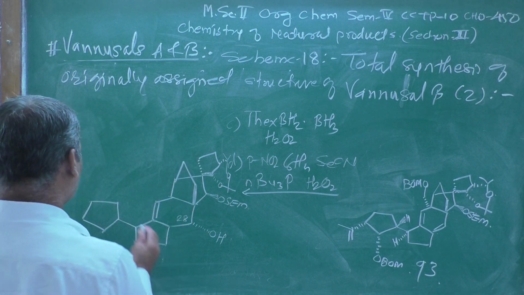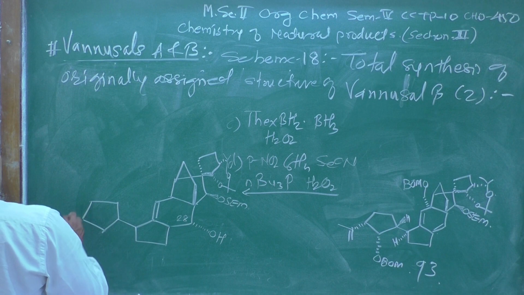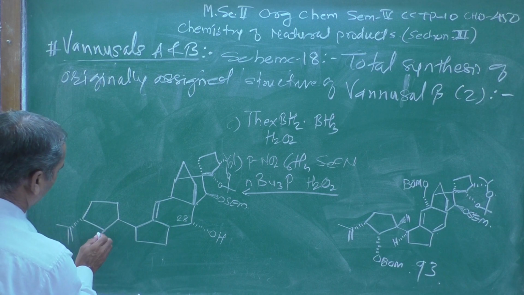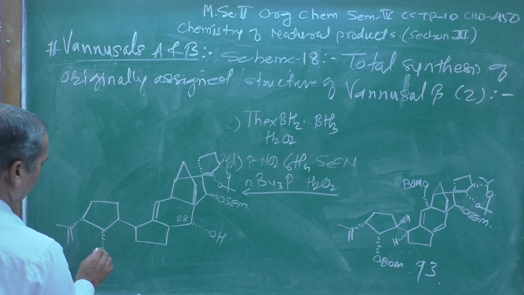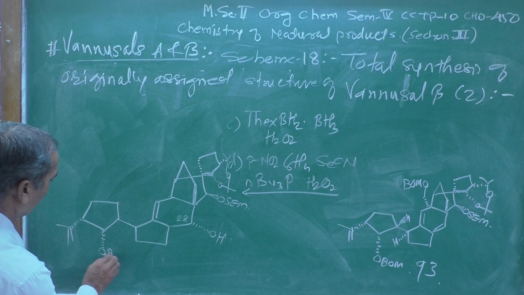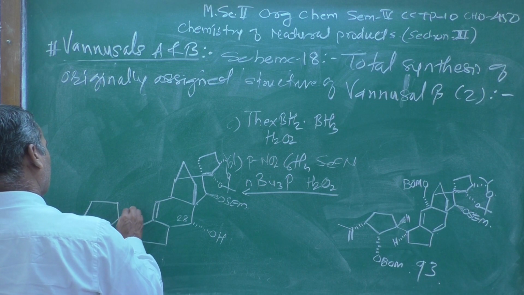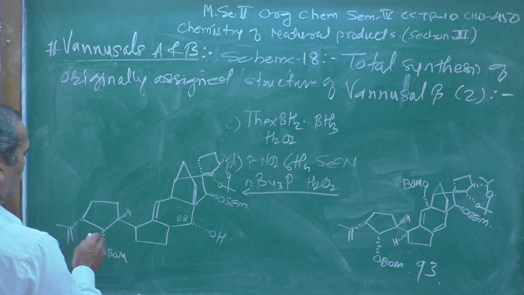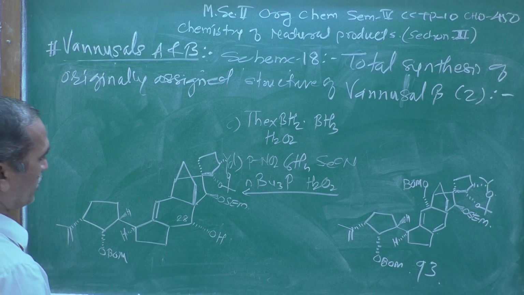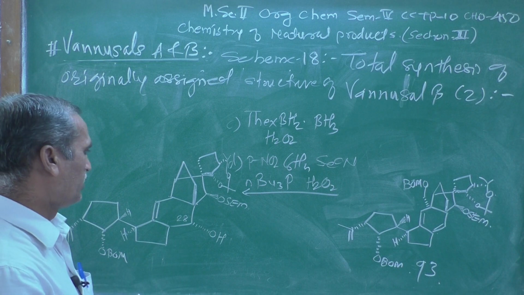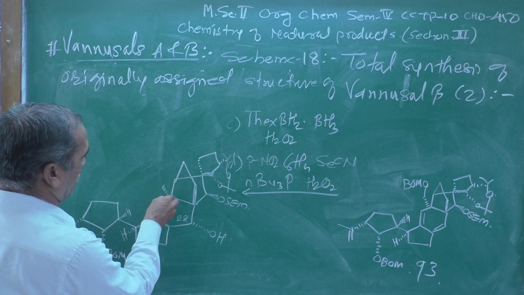Look at ring A here, which consists of an isopropylidene group along with another protecting hydroxyl group with BOM, and the hydrogen atom present at this corner point, and at this corner another hydrogen atom below the plane, and one more group at this corner.